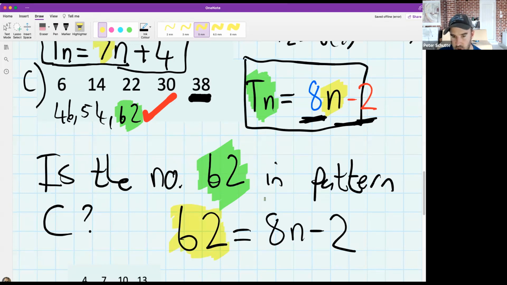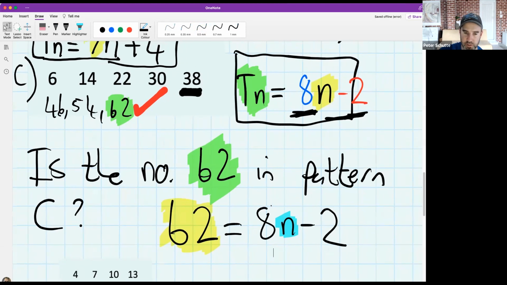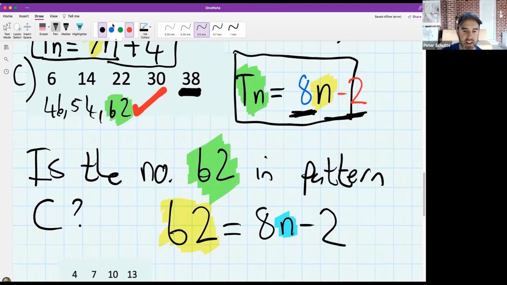Now, we are going to use something called equations to help us solve. What I'm going to do is solve for this n over here. So in an equation, if I want to solve an equation, one of the first things I have to do is deal with the -2. And I'd like to know in the chat, what can I do to get rid of this -2 or start to solve this equation?